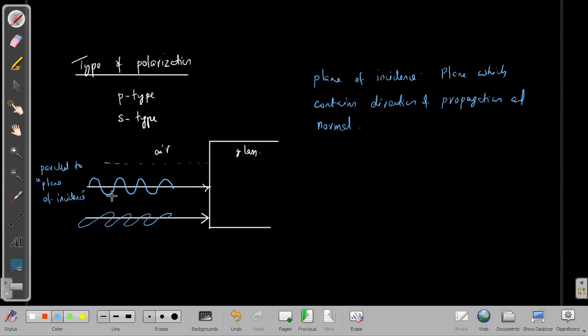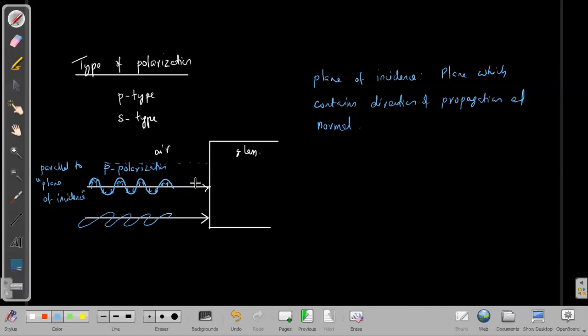So here, in the first case, the plane of incidence is our board, and the electric field is lying on this board. So this type of wave, or this kind of polarization, is called the p-type polarization. It is called p polarization, and p stands for parallel.